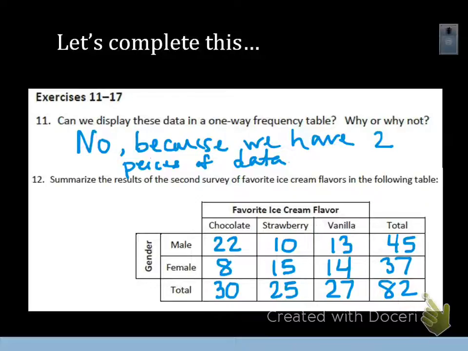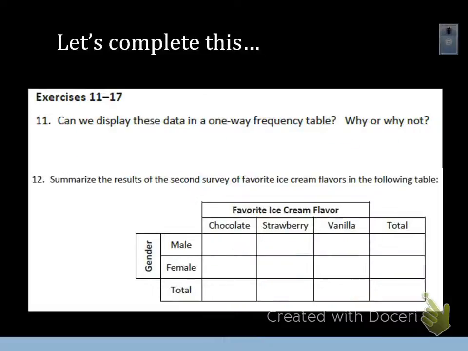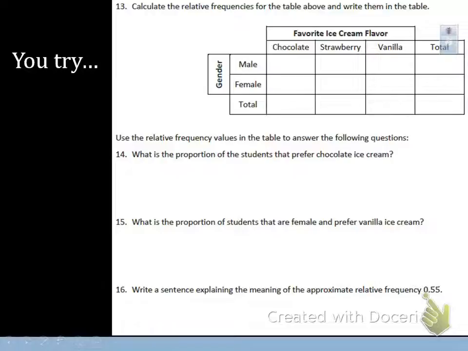Now you'll notice that number 13, right under your number 12, is another table. That table wants you to fill out the relative frequency. So remember, relative frequency is just like probability. So it's good that we have our numbers up at the top here because we're going to want to write those relative frequencies.